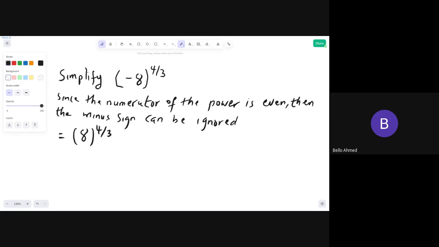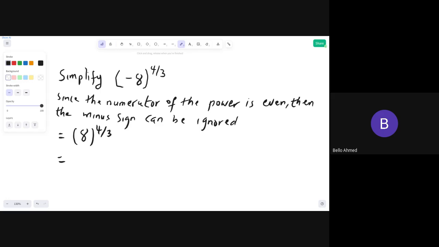So what is the next thing we are going to do? Of course, we can consider the fact that we have a fractional power. Remember the law of fractional power: the denominator of the fractional power is going to determine the root we are going to write. Is it going to be square root? Is it going to be cube root?